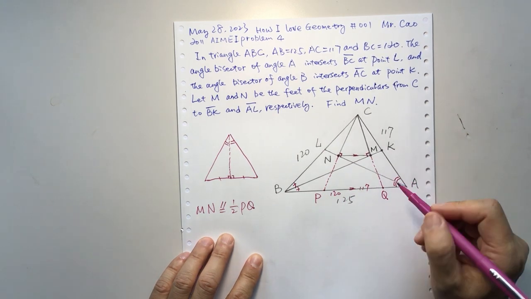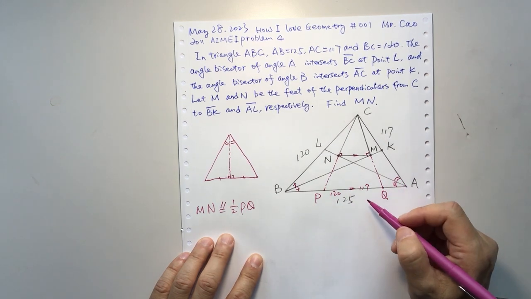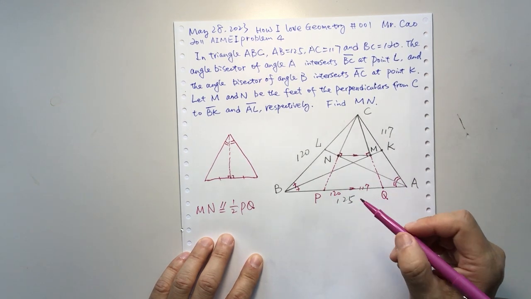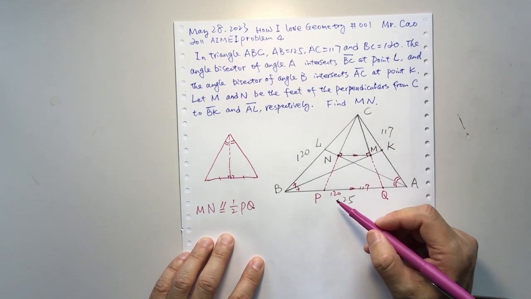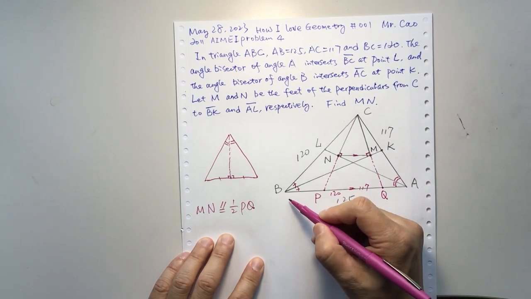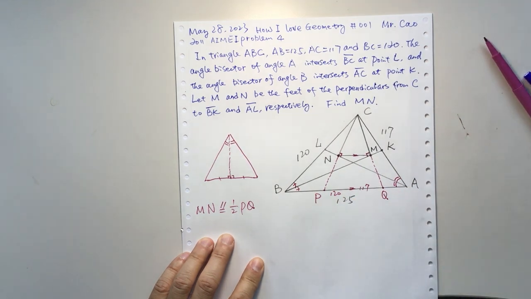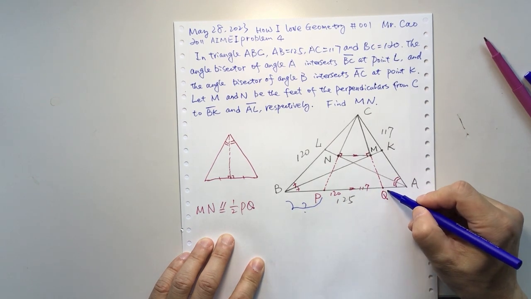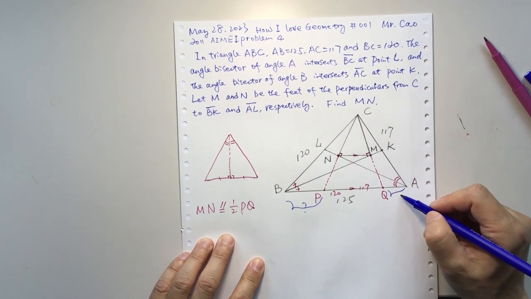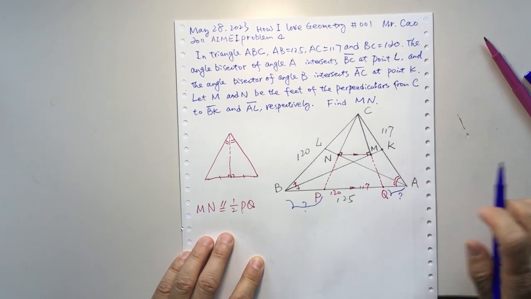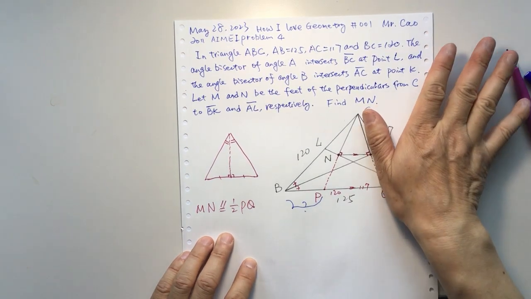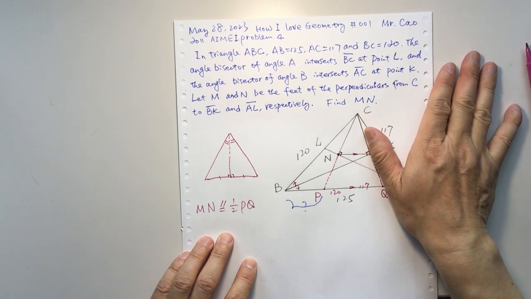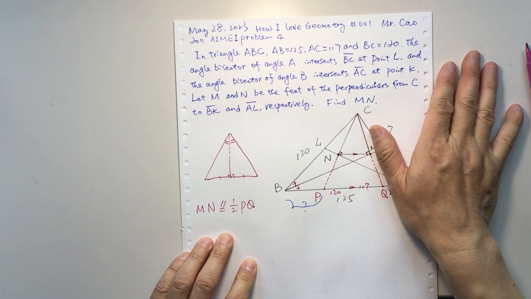We know AB is 125. To find PQ, we just need to know BP and AQ. Triangle BCQ is an isosceles triangle, so BC is congruent to BQ.